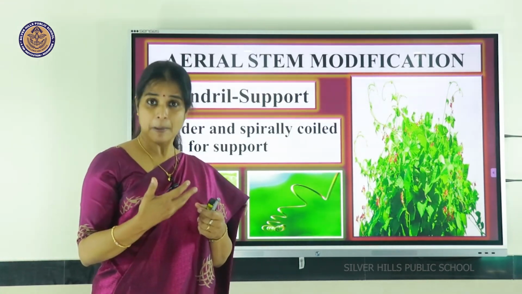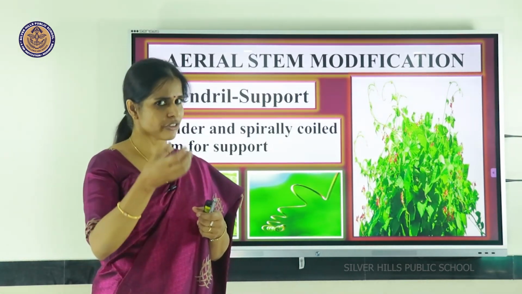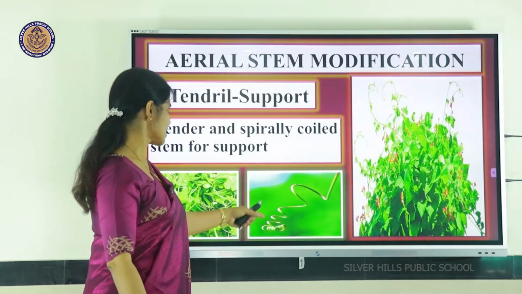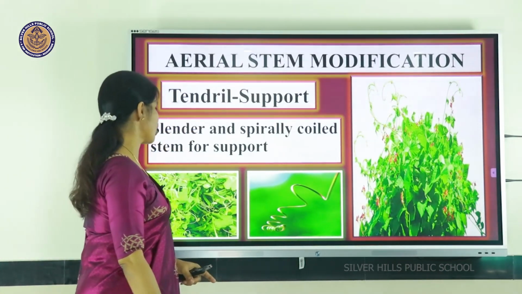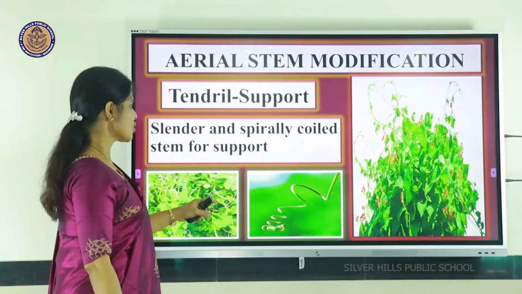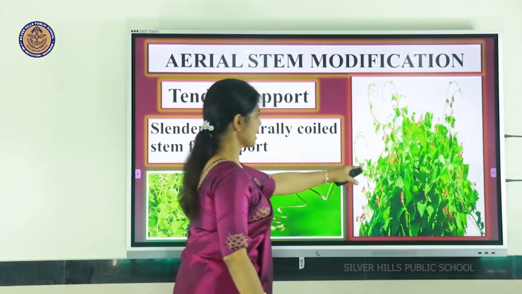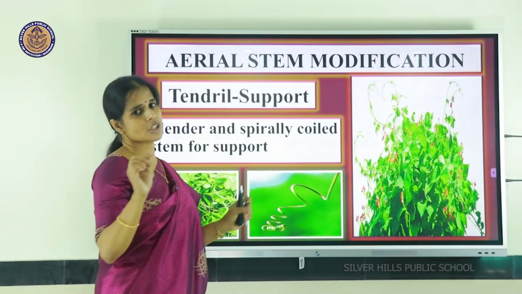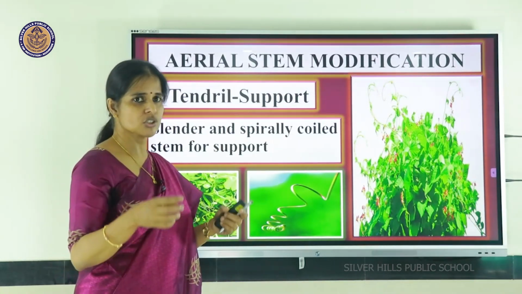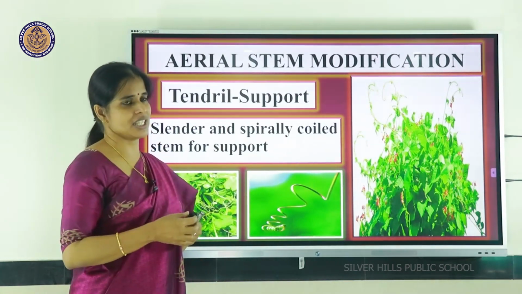Many plants, like pumpkin, all have a weaker stem, with the stem undergoing certain spring-like or coil-like structures which help support the weaker plants by clinging to adjacent plant parts or nearby supporting agents.